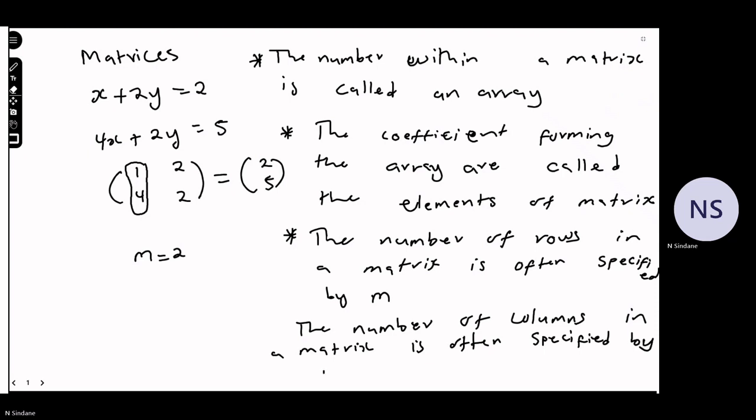Which represents the column. These are the columns, and then these ones are the rows.